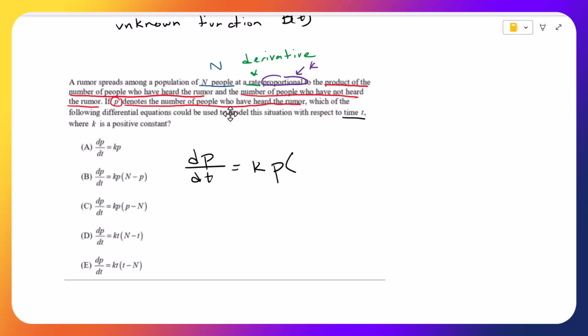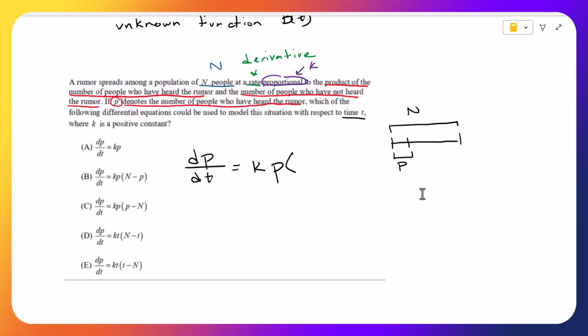Well, how do we find the number of people who have not heard the rumor? If this is all our people, this is n, and P people have heard the rumor, that's this amount here. How do we get this amount of people who have not heard the rumor?